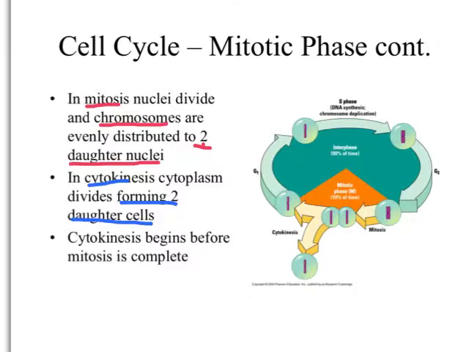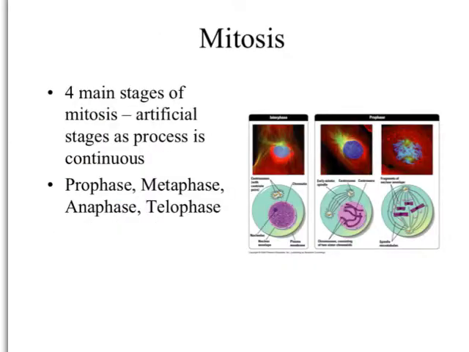And interestingly, cytokinesis actually begins before mitosis is actually complete. So before all of the sister chromatids are separated into the daughter cells, we start the pinching off process. So in the mitotic process, the process of actually dividing the DNA into two identical daughter cells, there are 4 main stages.